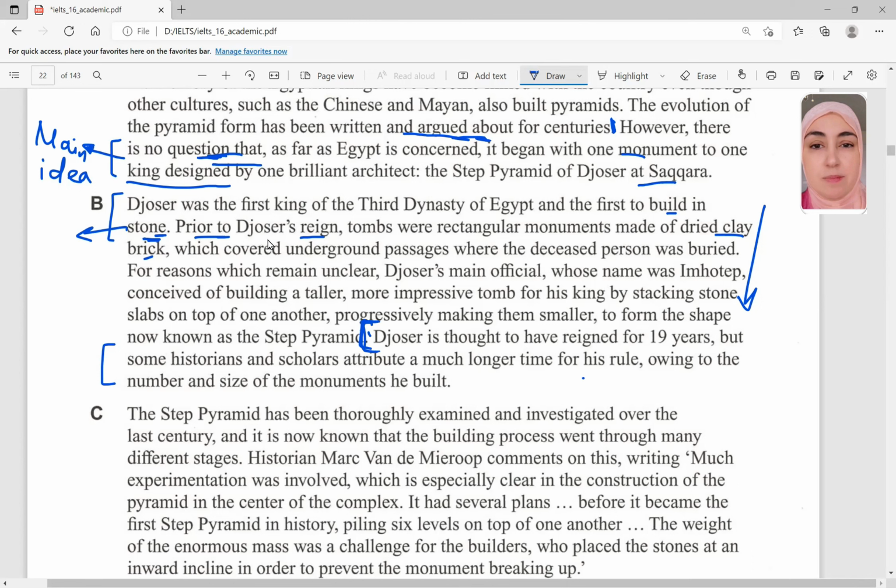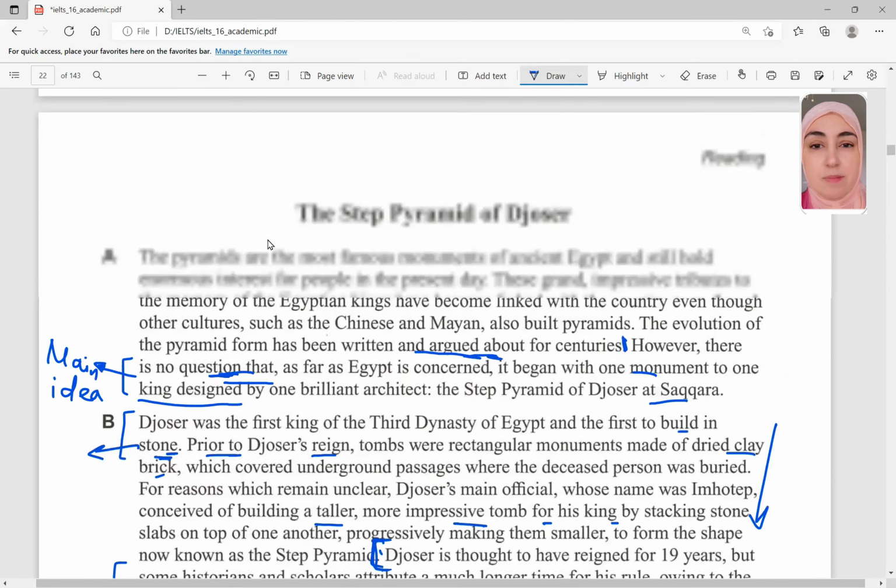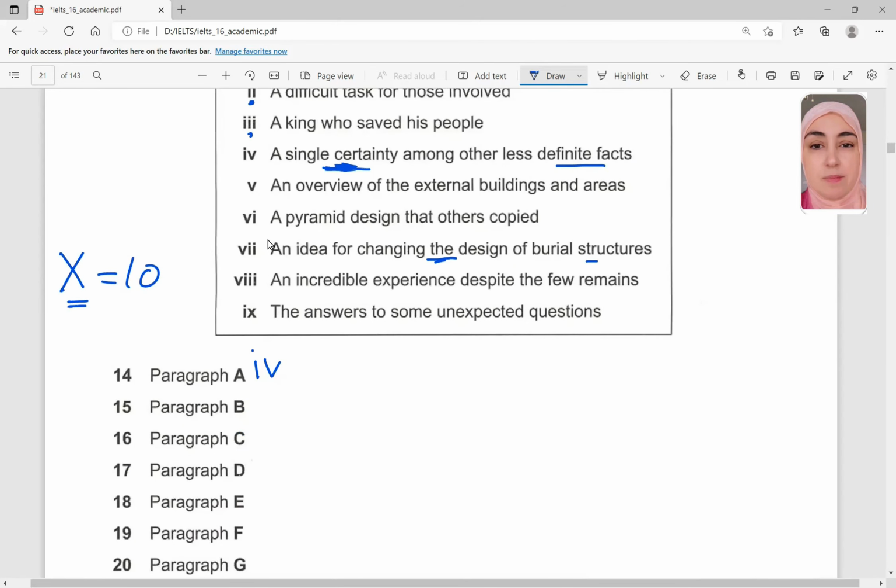Hoser's main official conceived of building a taller, more impressive tomb for his king. So he did some changes. This guy, probably an architect for the pharaoh, decided to change this. So generally speaking, we're talking about a few changes that took place.